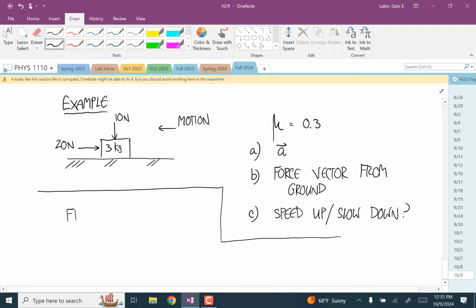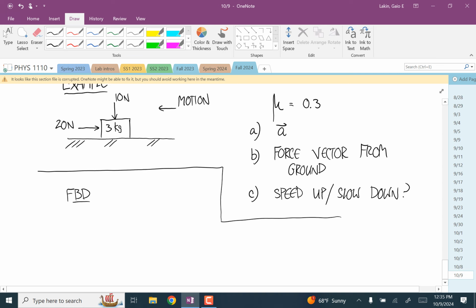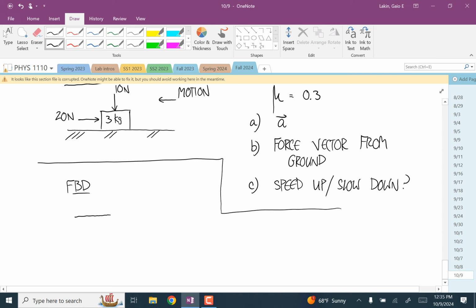Okay, so the first step is to draw a free body diagram. There's a weight force down of 3 times 9.81, so that's 29.43.